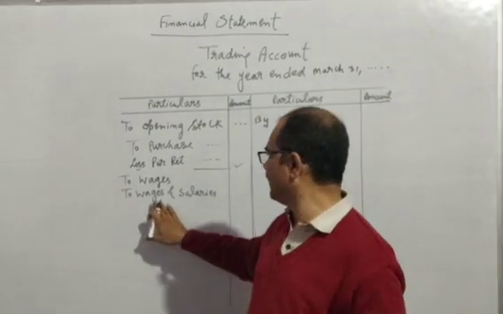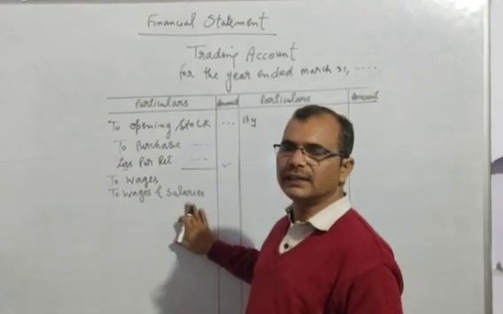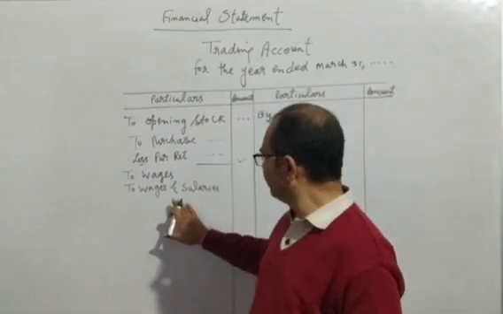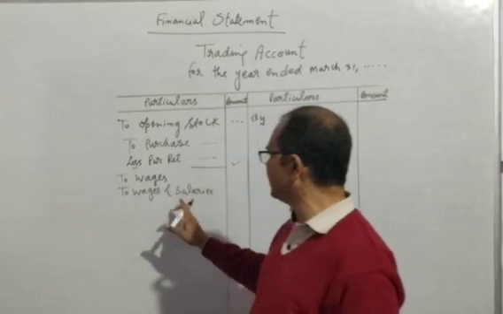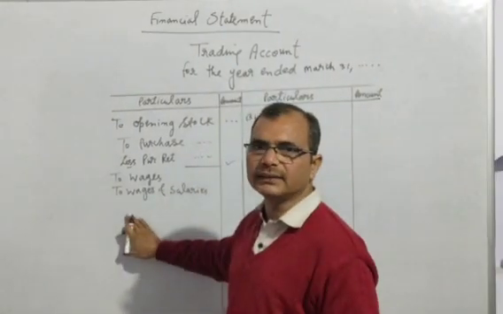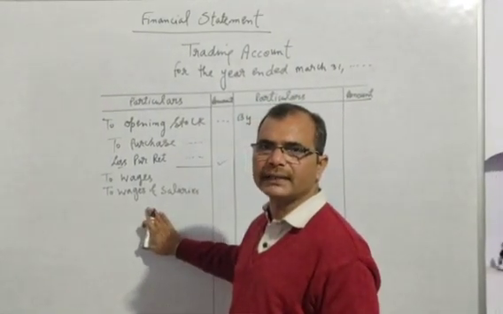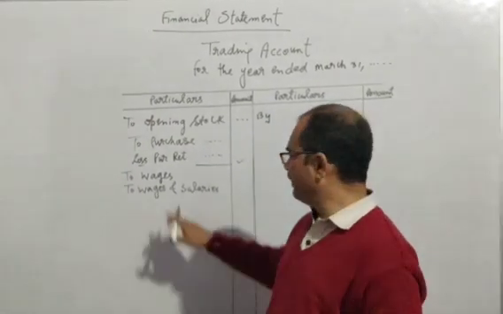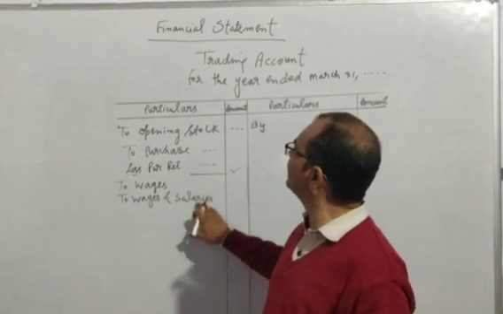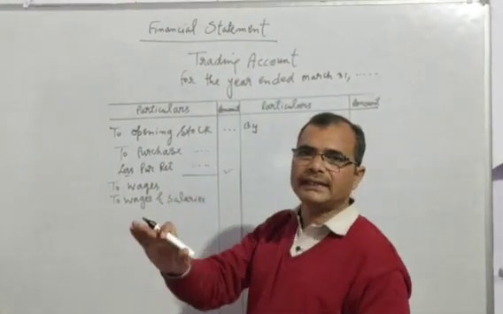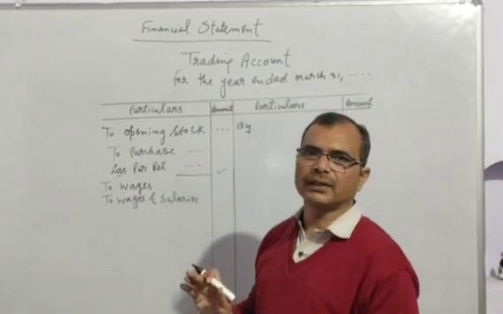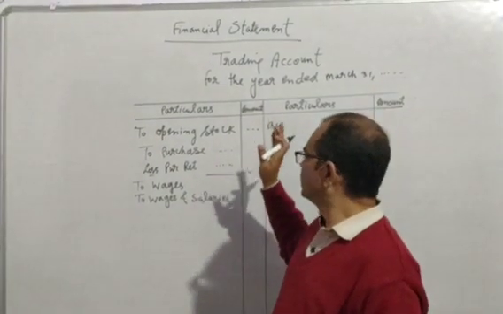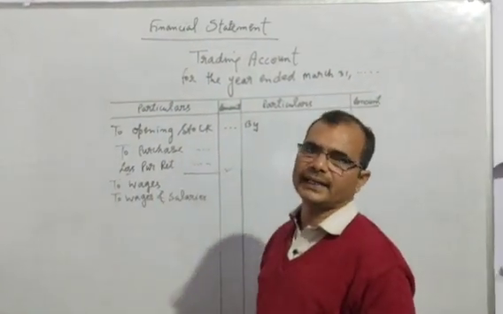If in your question wages and salaries is given, you will write it in the trading account. And if this expense is written in this way, salaries and wages, it becomes an indirect expense and you will write it in the profit and loss account. Wages and salary will be entered in the trading account and salaries and wages will be entered in the profit and loss account, because wages and salary is a direct expense and salaries and wages is an indirect expense.